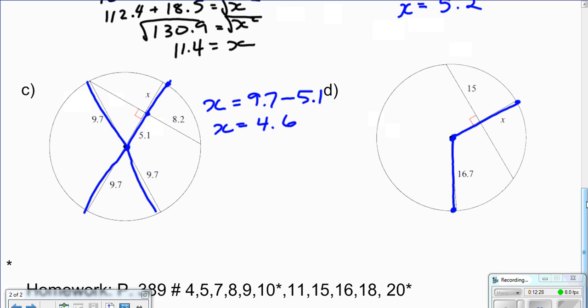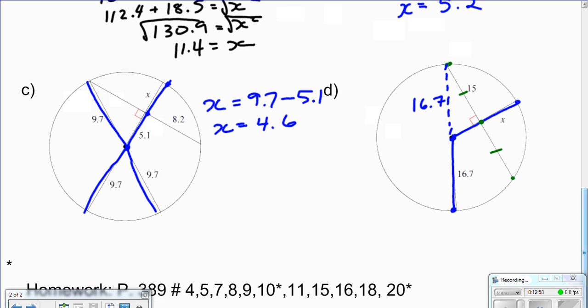And then we tell you that this length of the chord is 15, and so if this length is 15, the other half of the chord is also 15 because it's been bisected. And we know that it's cut at a 90-degree angle. And so the trick to this is noticing that you can draw a radius line anywhere on the circle you want, and it will be the same. So this radius on this side is also 16.7.